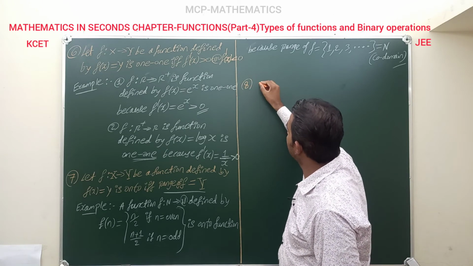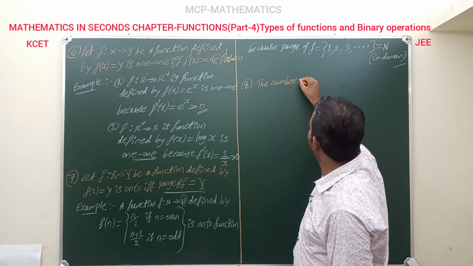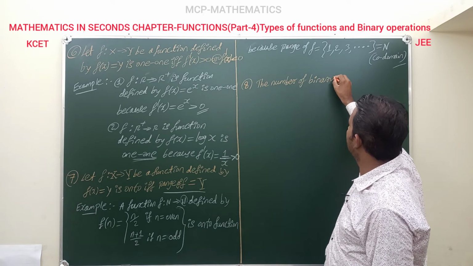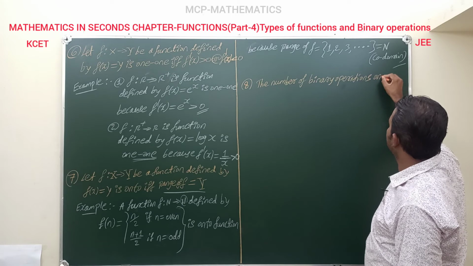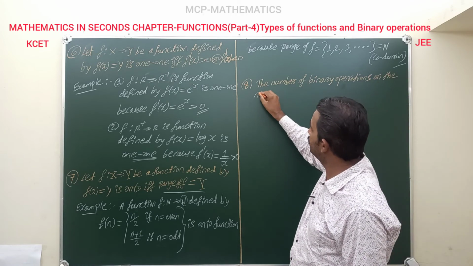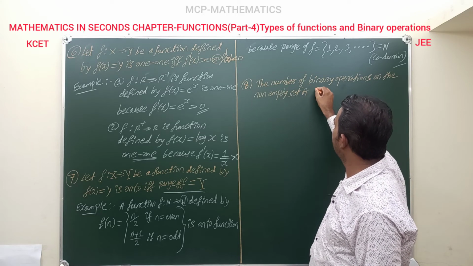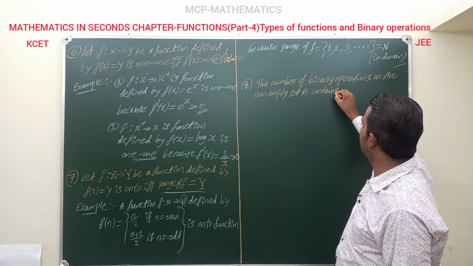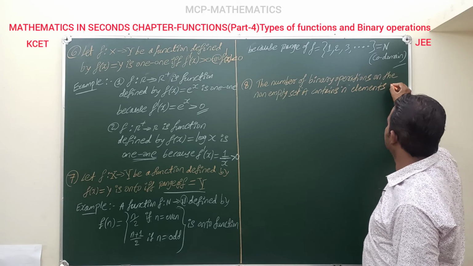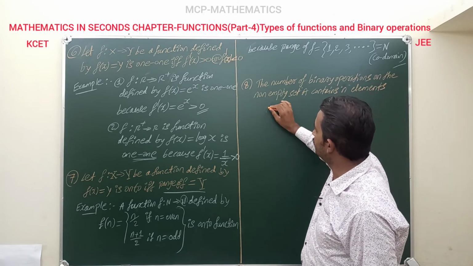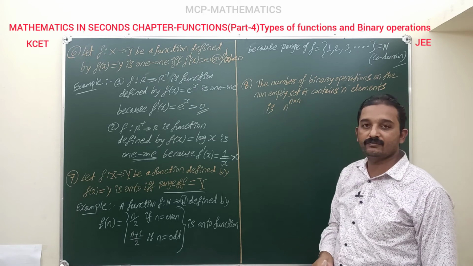The number of binary operations on a non-empty set A containing n elements is directly n to the power of n into n, that is, n to the power of n squared.